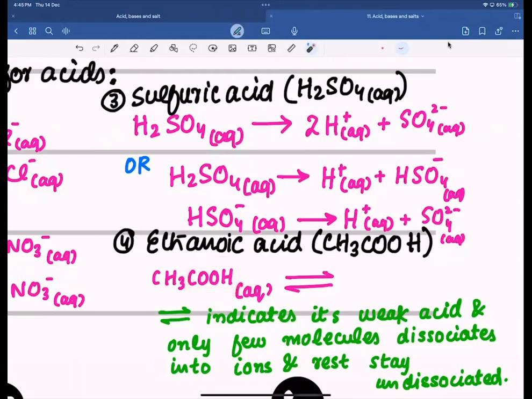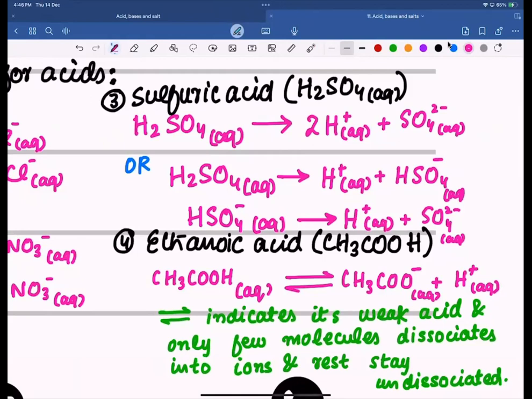So out of these four, only the hydrogen that is bonded to O is going to dissociate to form a hydrogen ion, and the whole part becomes 1 negative because only one hydrogen is released. It becomes aqueous, and this also becomes aqueous.